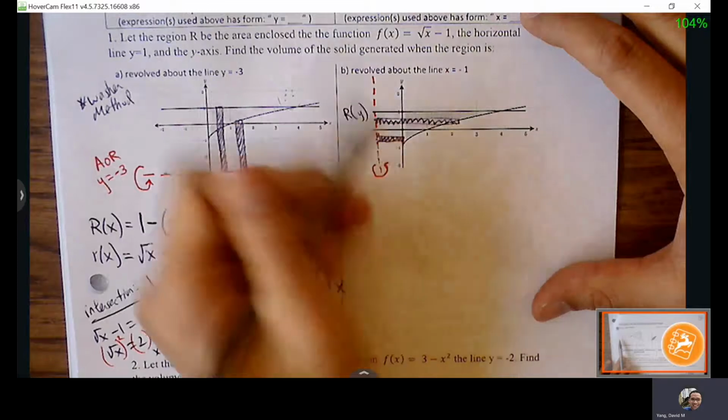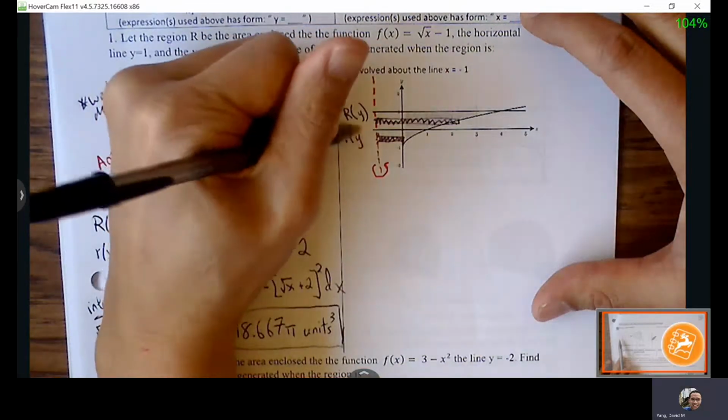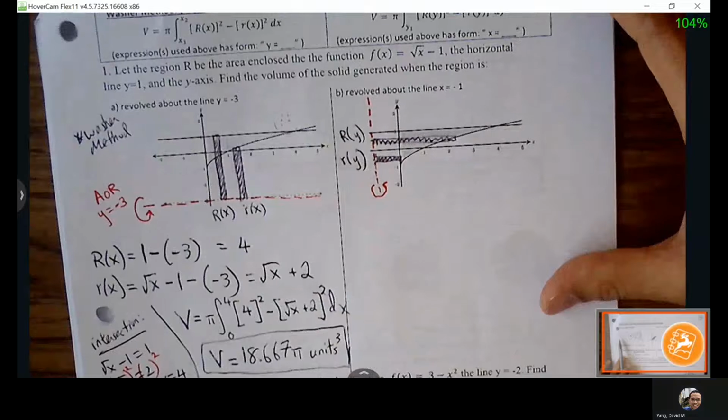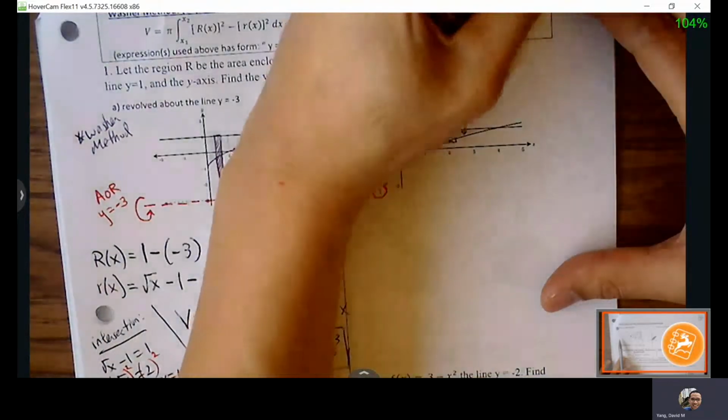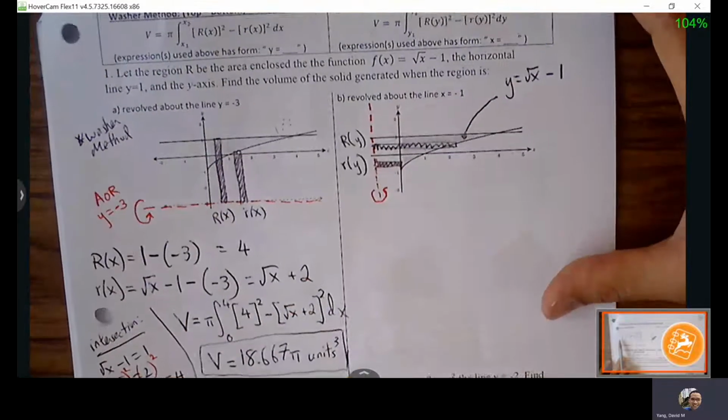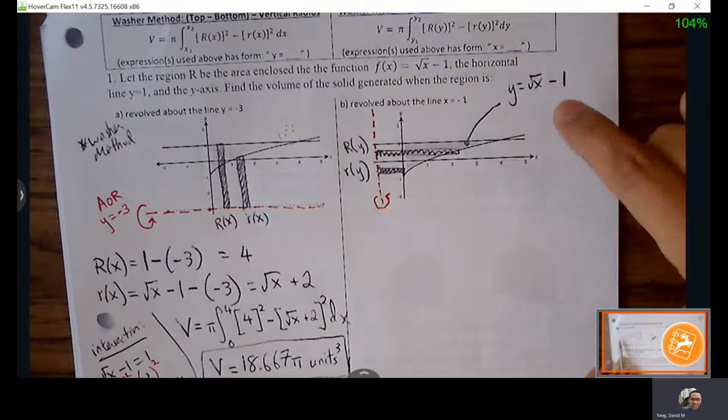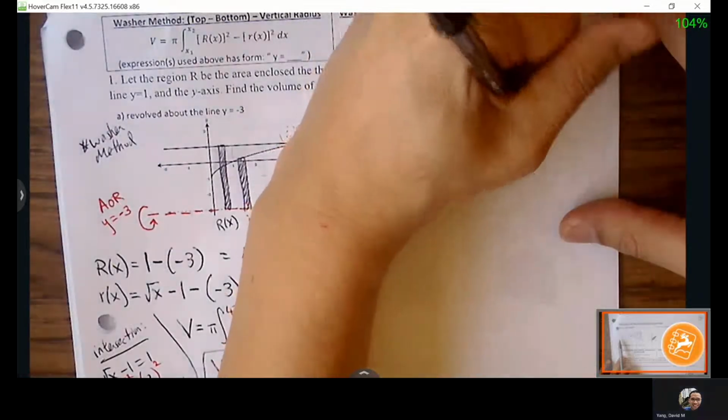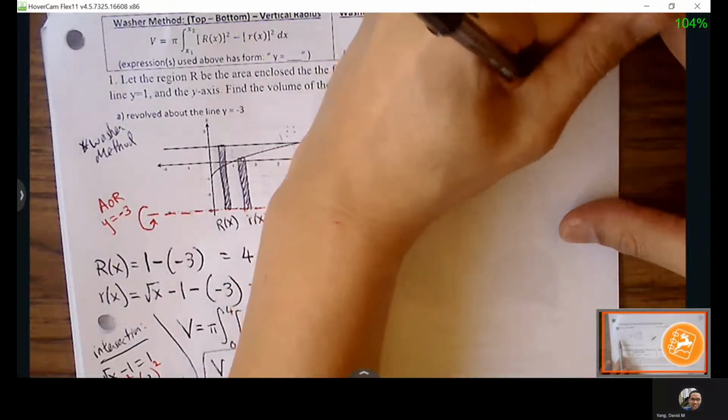And that's your little radius. All right, the curve has to be rewritten, right? Y equals square root of x minus 1 is not in the proper form. Add 1, square both sides. All right, we want to get that x by itself.